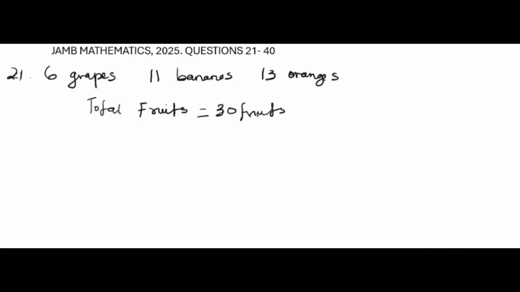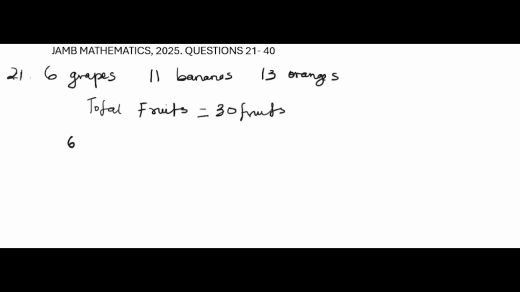Okay, now the question says that if one fruit is chosen at random, so we don't know what it is, we just dip our hand in the basket and pick a fruit. Now, what's the probability that the fruit is either a grape or a banana? Whenever you see "or" in probability, you know that it is addition. So how many grapes are there?